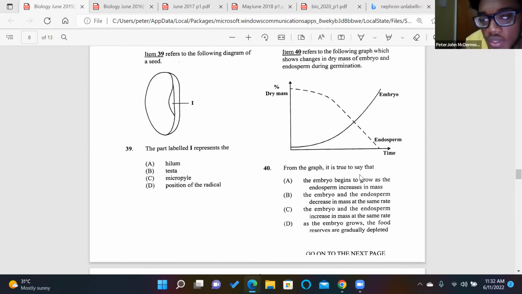From the graph, it is true to say that... Let's look at the graph. The embryo is increasing, the endosperm is decreasing in terms of dry mass over a length of time. So what do we think for 40?